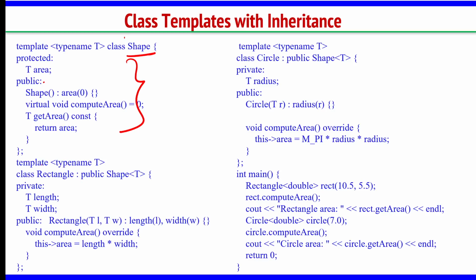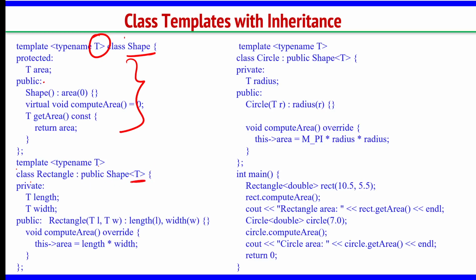Then see, I am trying to derive this generic class Shape into another class Rectangle. So, you have to write again template typename T, class Rectangle, derived from public Shape of type T. This T we are passing as an argument here.